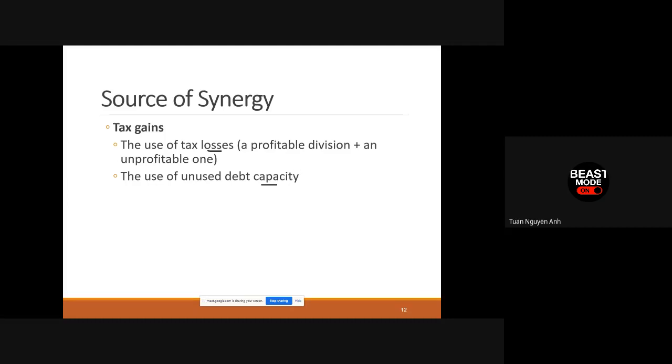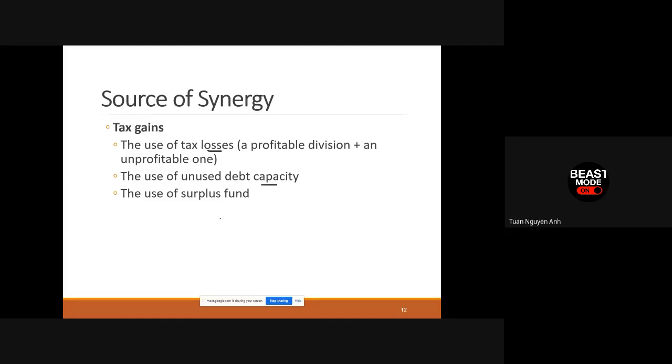So now we can merge with high proportion equity firms to increase our debt capacity. So we can increase our loan with the bank without increasing the cost of debt. Or the use of surplus fund. Maybe one company has many things to invest and the other company has nothing to invest.